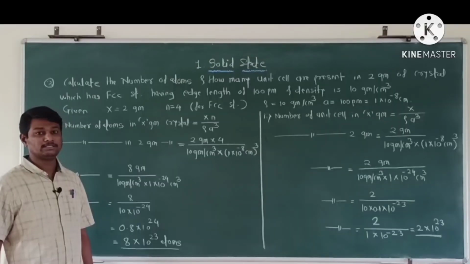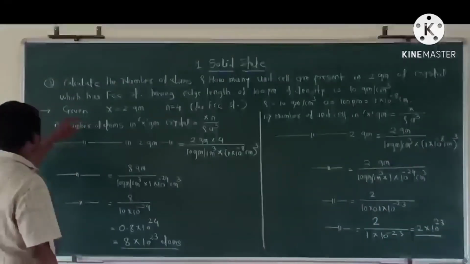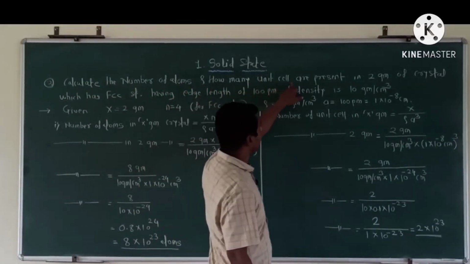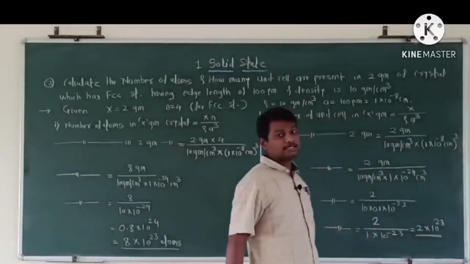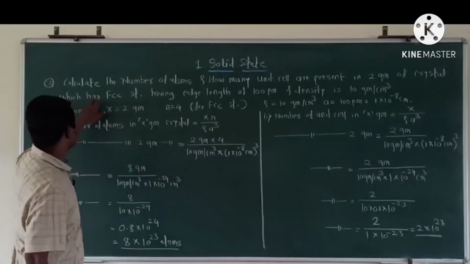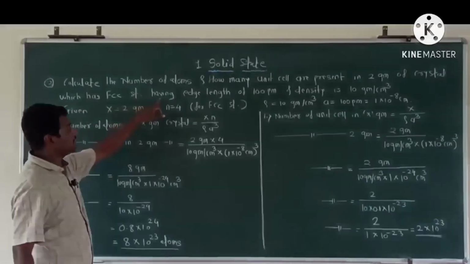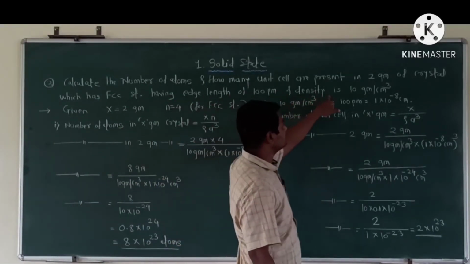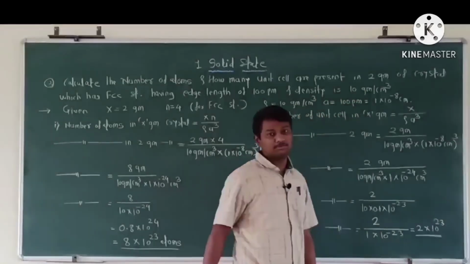Now let's see the third numerical: calculate the number of atoms and how many unit cells are present in 2 gram of crystal which has an FCC structure, having an edge length of 100 picometer and density of 10 gram per centimeter cube.